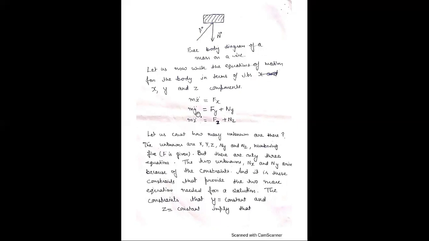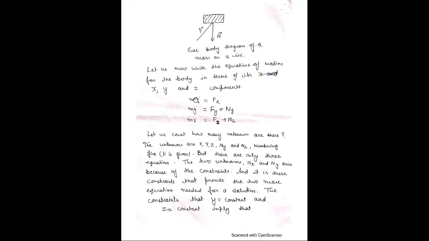Along the y-axis, m y double dot equals Fy, the component of force, plus Ny, the component of the normal reaction along the y-axis. Along the z-axis, m z double dot equals Fz plus Nz.